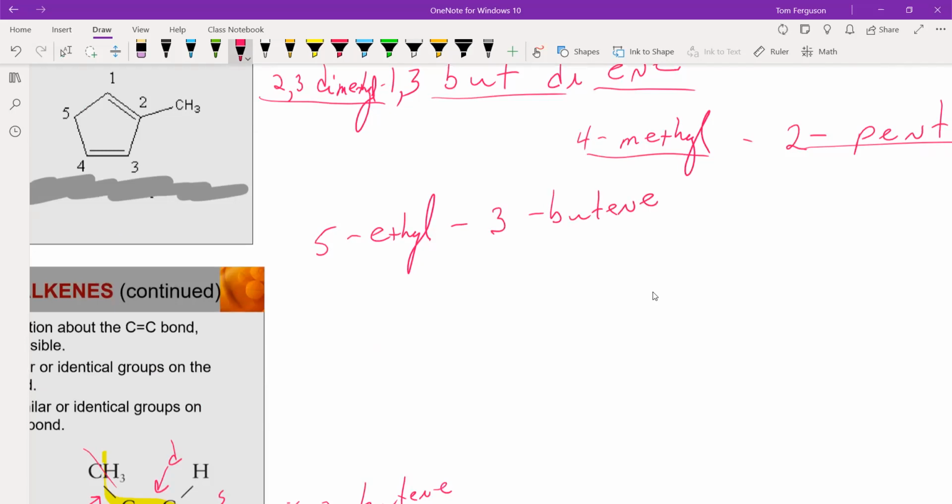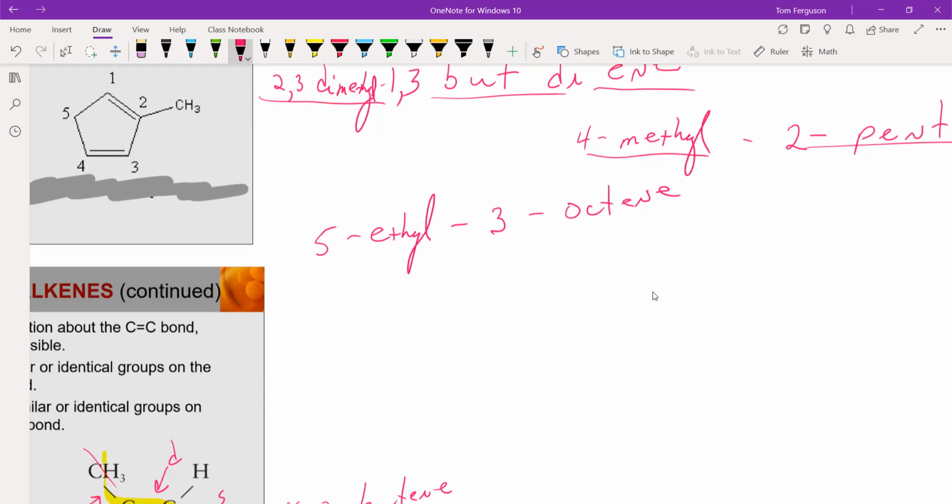Okay, 5-ethyl. No, it's not going to work. Okay, 5-ethyl 3-octene. So let's draw the structure for that.